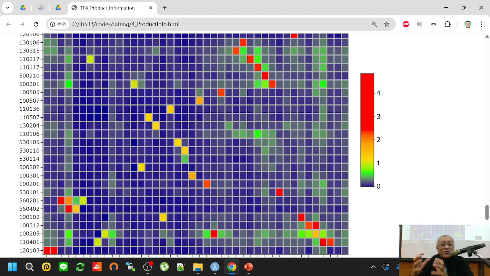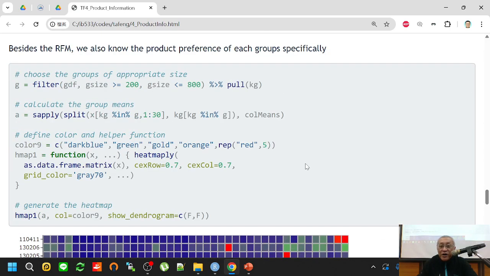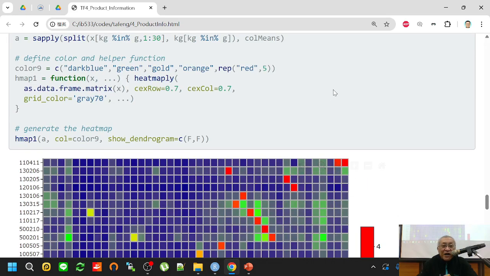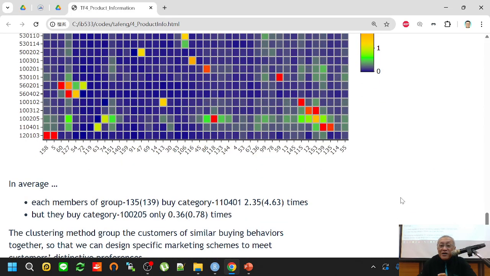Using about the same technique that we mentioned before, in this chunk of code, I do not have time to go through the code thoroughly.